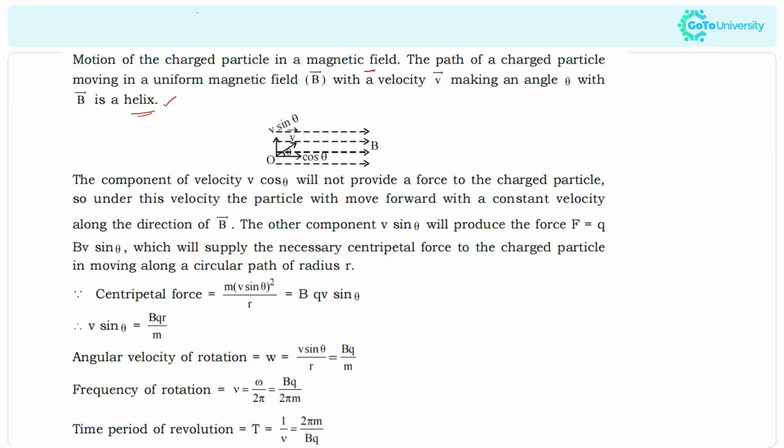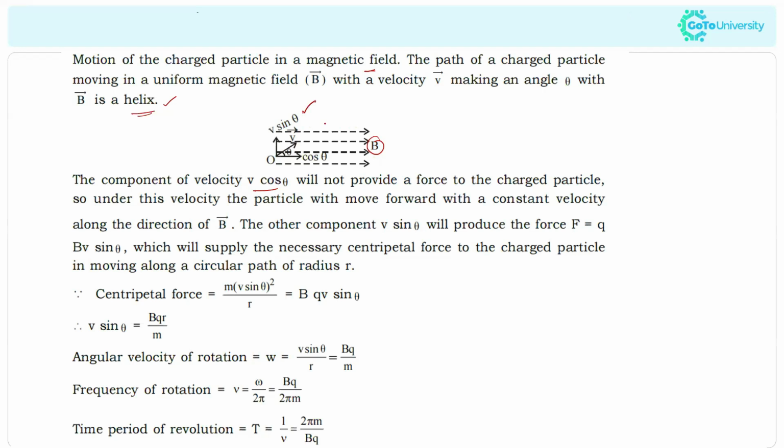And keep it in mind, whenever the particle is in a magnetic field, it will move with a velocity, right? The component of the velocity, v cos theta, will not provide the force to the charged particle. So whenever we get a question related to a magnetic field, where the charge is moving in the magnetic field, we take only the component v sine theta.